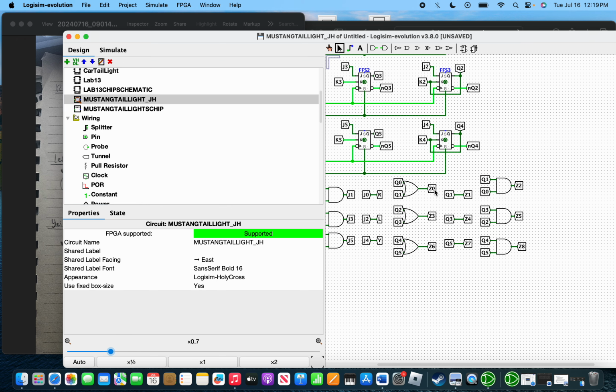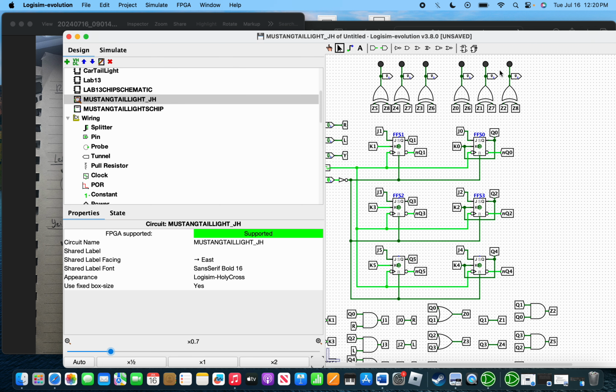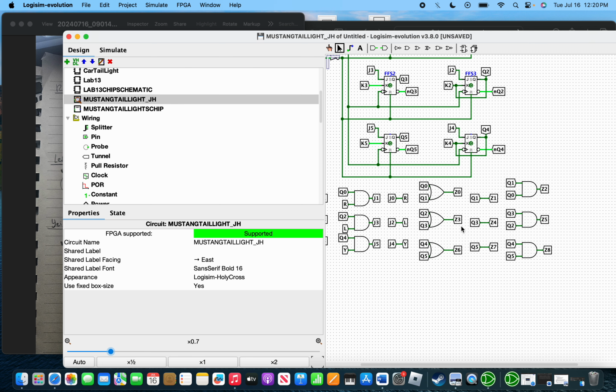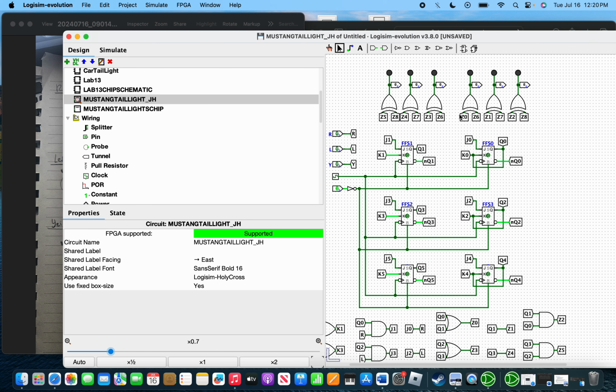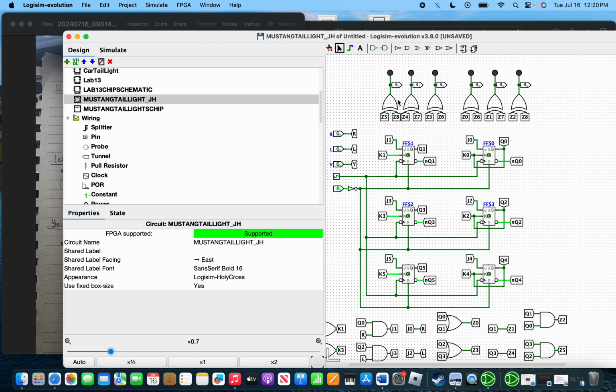So you have Z0, Z1, and Z2, which are basically my right side. Then I have Z3, Z4, Z5, which is my left. And the rest of them are Z6, Z7, Z8, which, as you can see here, are both on this side.